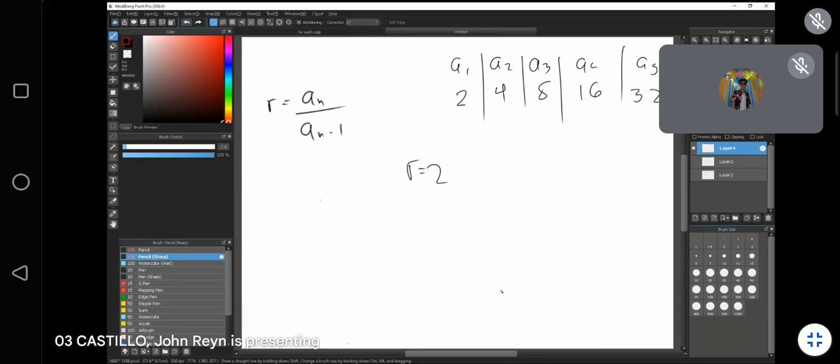So let's give another problem, for example. What if we don't have the first term? We only have A2 and A5. Okay, very good. Sige lang. So what we can do here is put A2 in the formula first.